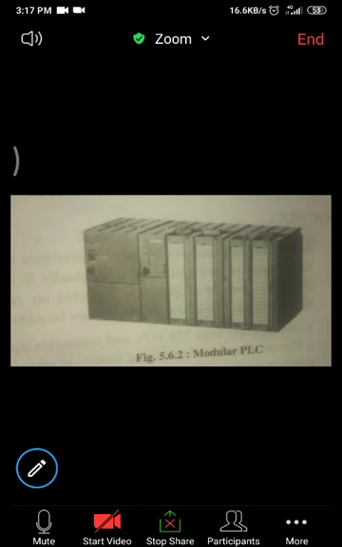Okay, next is the large PLC. Large PLCs are the most sophisticated units of the PLC family. They have up to 8192 input outputs, almost 4 times the medium PLC, and memory up to 750 kilobytes, nearly 1 MB.